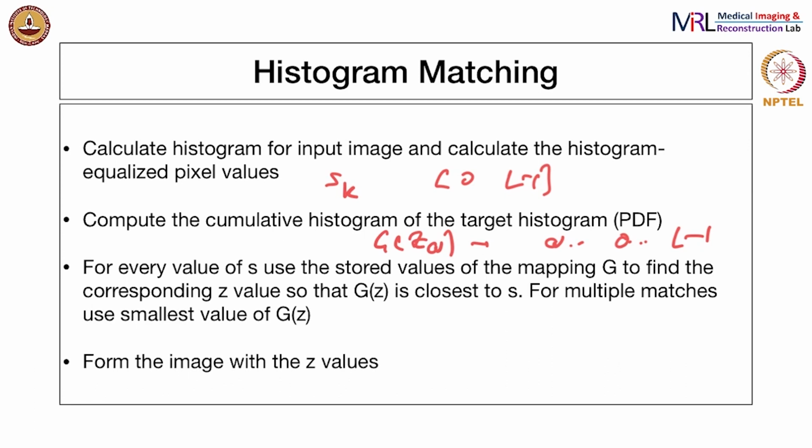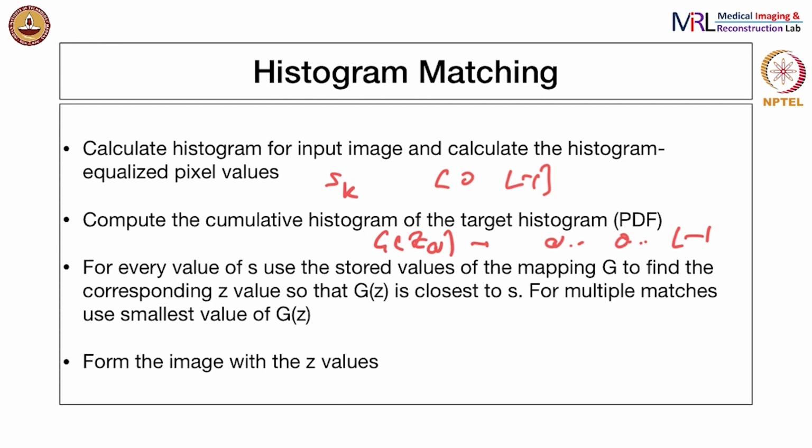So that's it, then your mapping is done, because we have every equalized pixel Sk now being mapped to the corresponding pixel with value Z. That's all we want. Right? So we have now mapped from our input to S to Z. Okay.